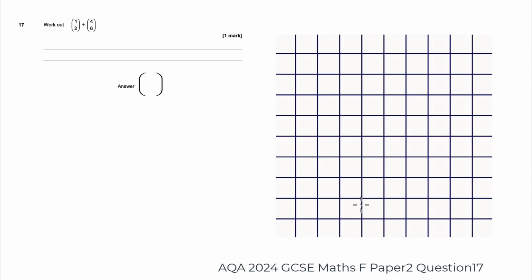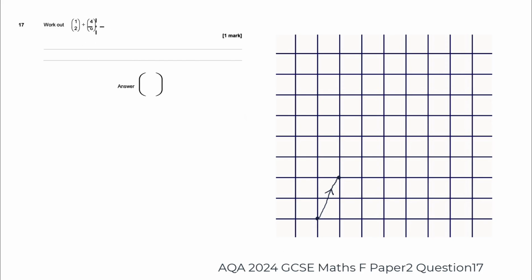The vector 1, 2, let's represent that by going from here, 1 along, 2 up. So the x component is 1 and the y component is 2. So that involves a little journey, 1 along and 2 up.